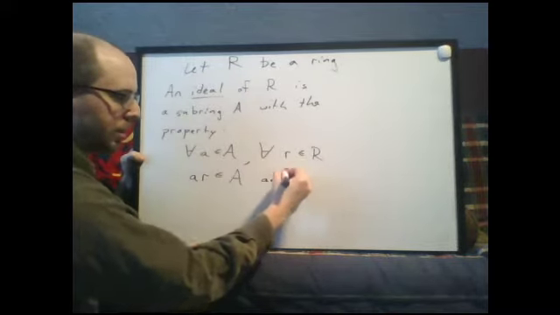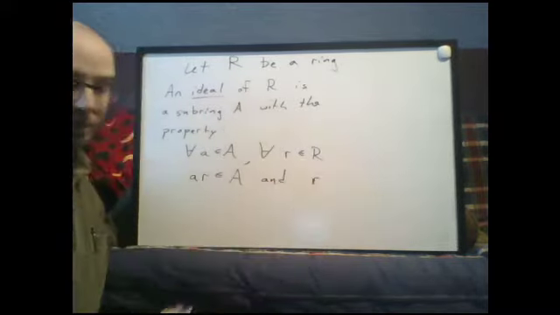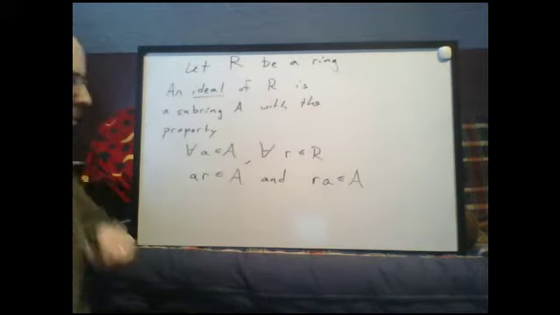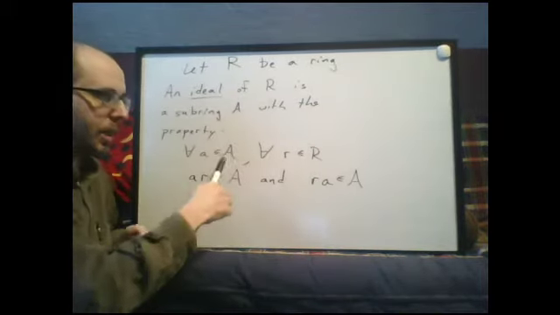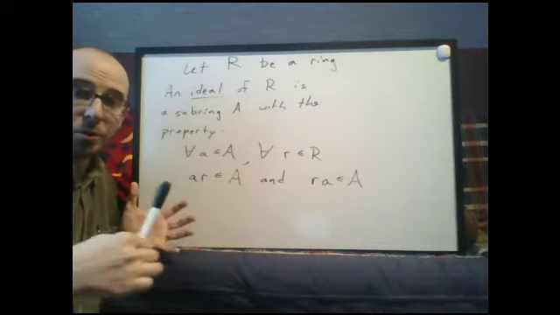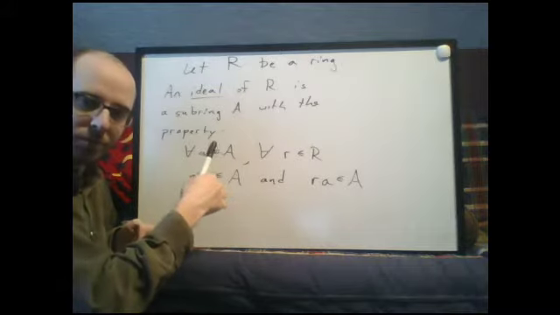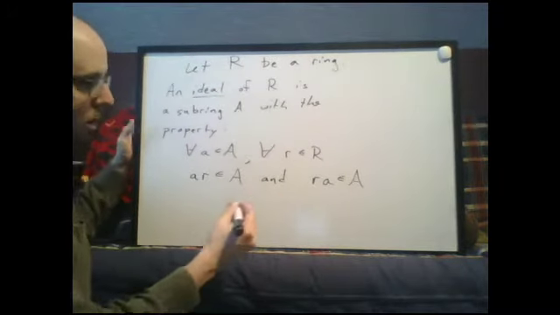And because multiplication in a ring is not always commutative, to be an ideal, it has to be both ways. So if I take an element from the ideal and an element from the bigger ring that this ideal is inside of, let's draw a diagram here.